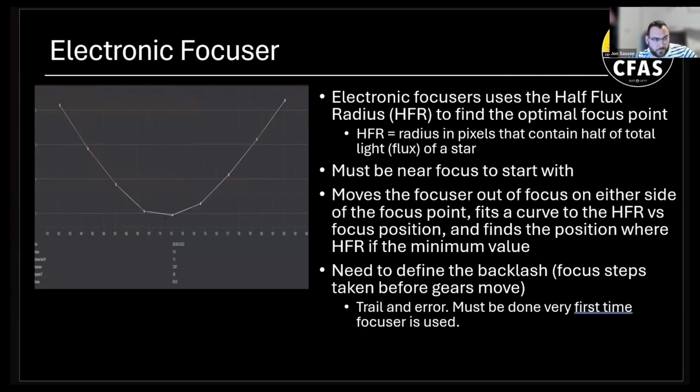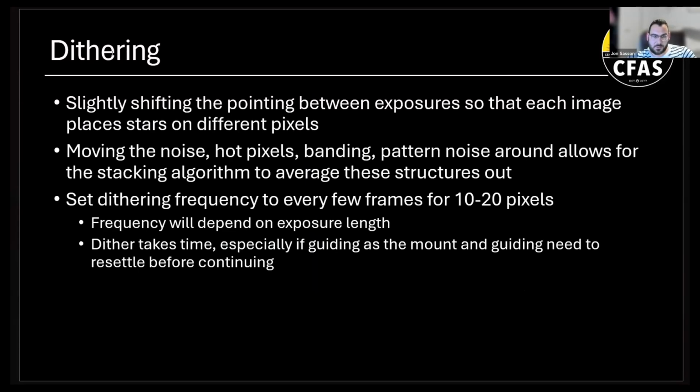Once you're in focus, the other thing you want to set up during your imaging session that will help you a lot is dithering. Dithering is telling the mount to slightly shift the position it's pointing to between exposures. Each image, or every couple of images, depending on how you set it up, will place all the stars on different pixels.